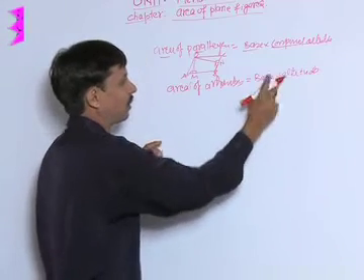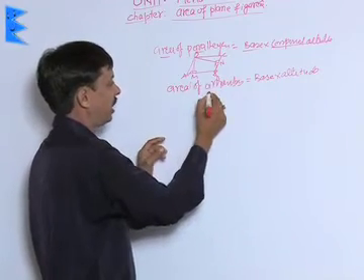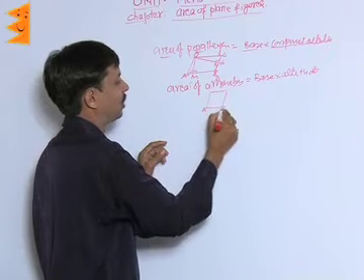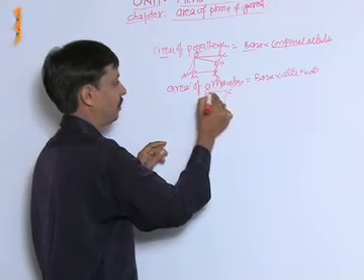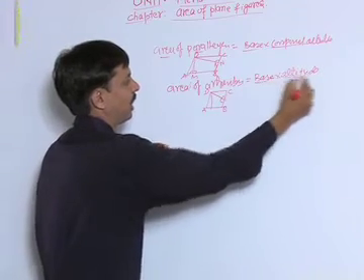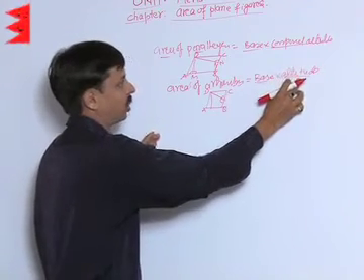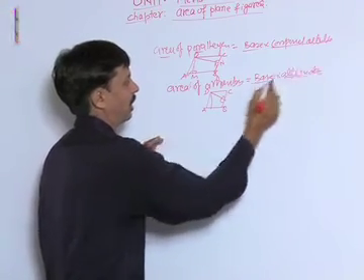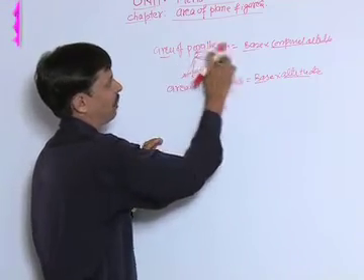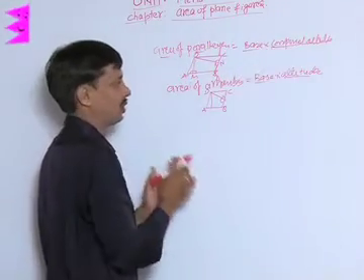I have removed the word corresponding because in a rhombus all the sides are equal and all the heights are also the same. So height is taken as altitude and it is written as base into altitude for the rhombus, whereas for a parallelogram it is base into corresponding altitude.